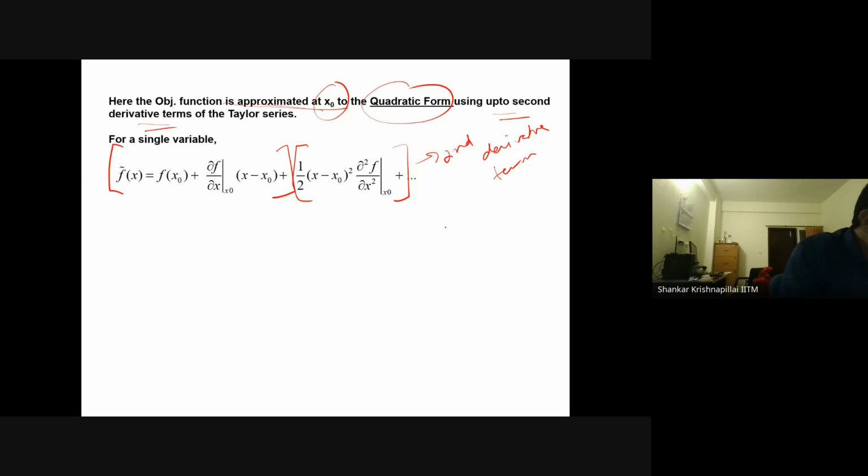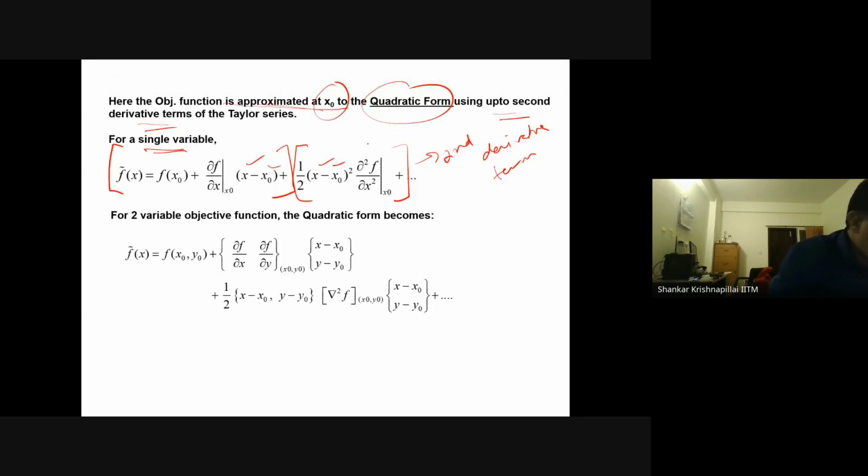This is for a single variable, so only x is there. Now for a two variable objective function, the quadratic form becomes like this. Two variables means x and y will be there, and the starting point will be x0, y0. So you need f of x0, y0, then partial f by partial x at x0, y0, and partial f by partial y at x0, y0.